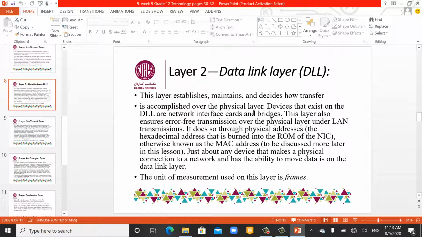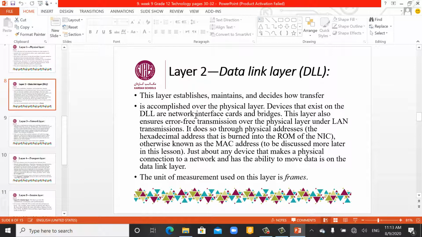It means it is the work of the data link layer. Devices that exist on the data link layer are network interface cards and bridges.